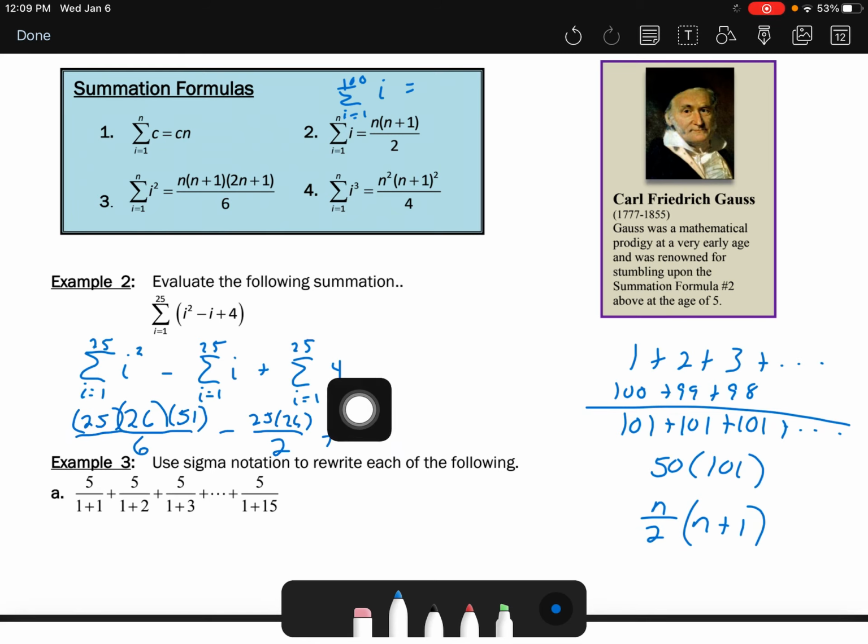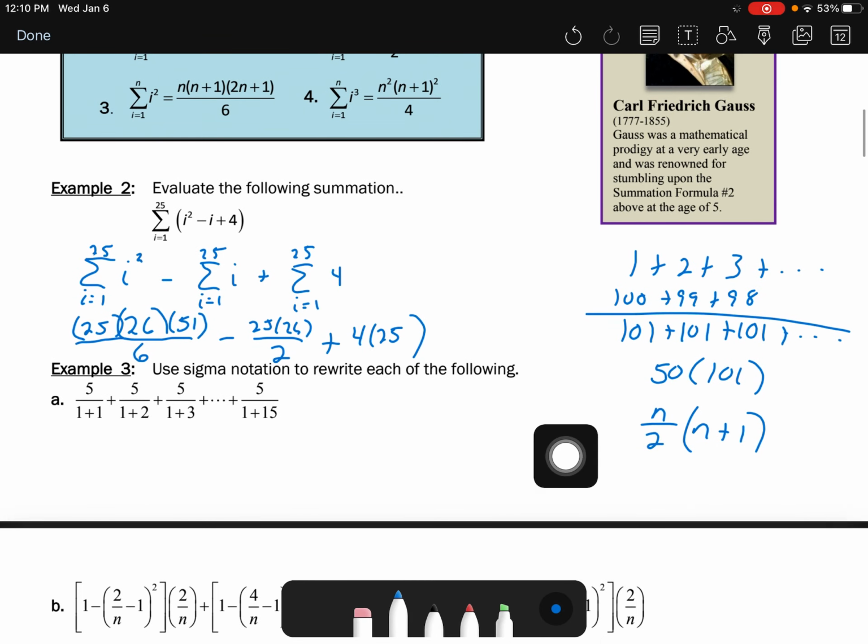Now when I just have a constant like this, it really just means 4 plus 4 plus 4, you do that 25 times, so obviously it's just 4 times 25 for that part of it. So just using these summation formulas, I can calculate that out without too much problem. I'm not going to type those in a calculator for you, but that's how you break that down.